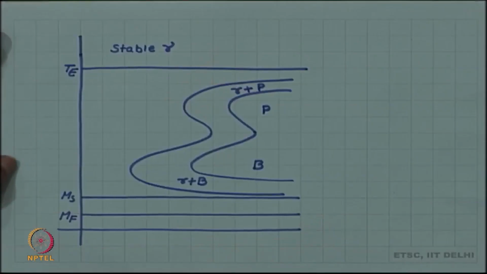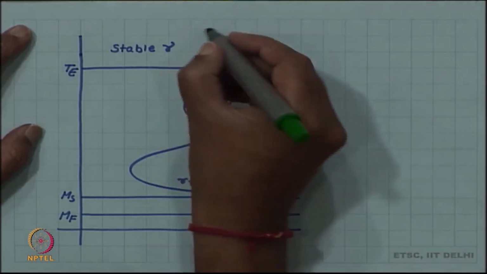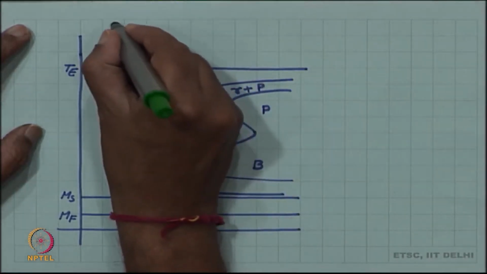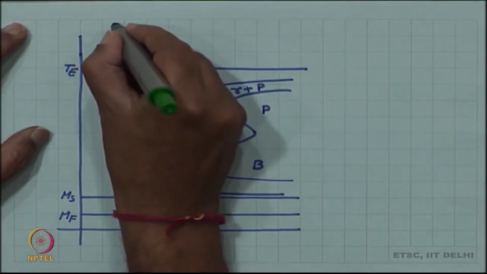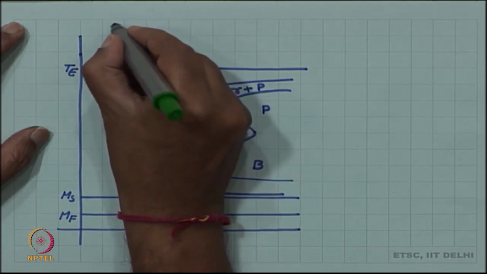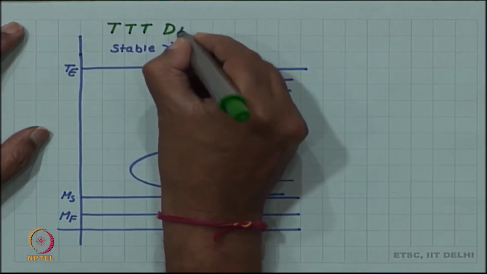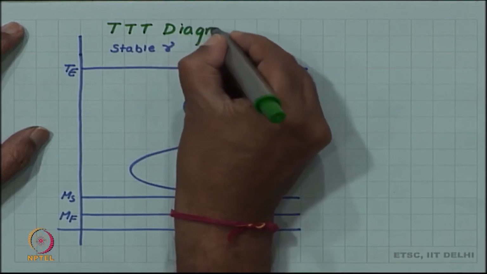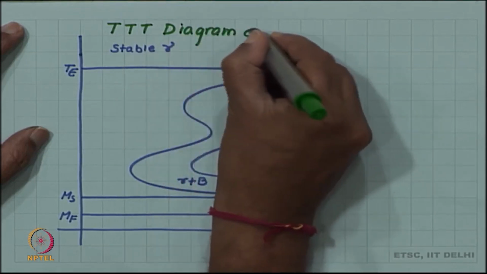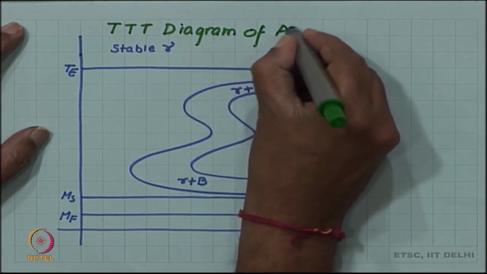So, here is an example, not of any particular steel, but a schematic one of what the alloying does. The TTT diagram of alloy steel.